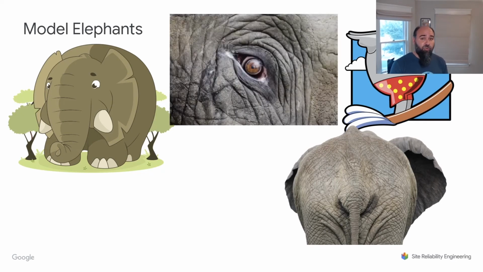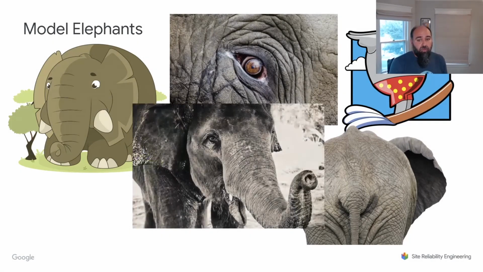Or you might need to know what causes its skin to wrinkle, or how fast it blinks. Or you might want to understand how its trunk bends, right? All of these things are going to be different, and roughly these will all correspond to different models that'll tell you narrow aspects of particular behaviors of your service.